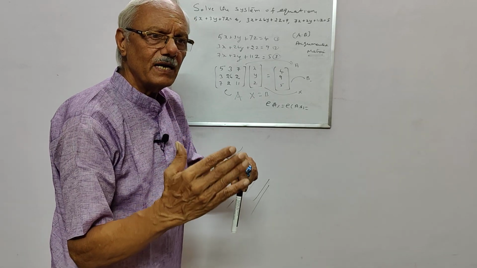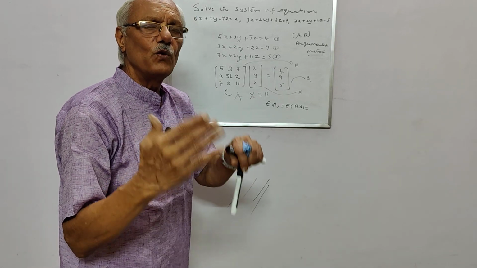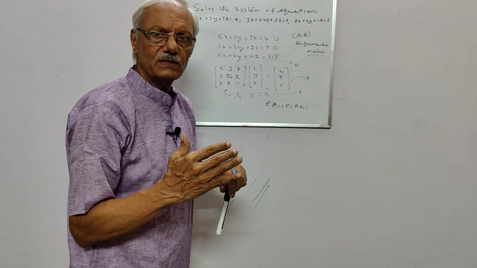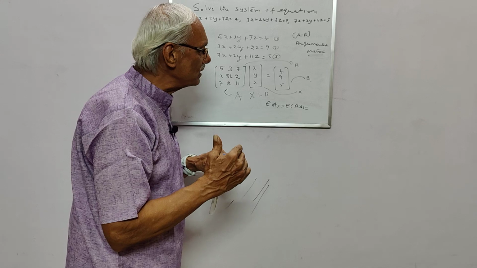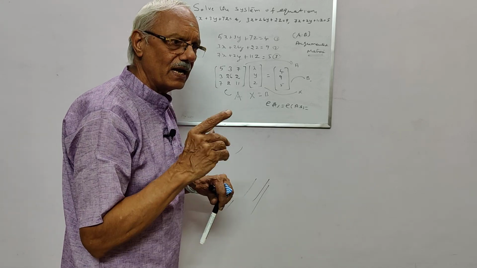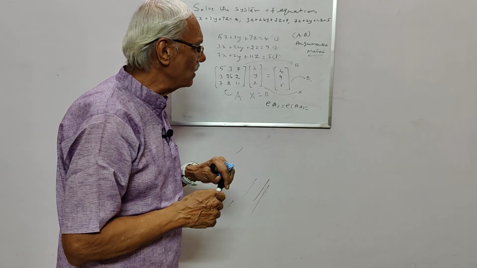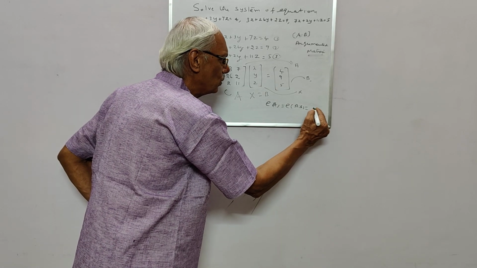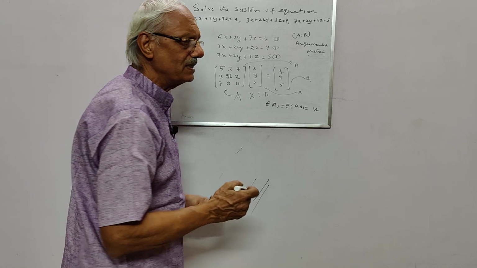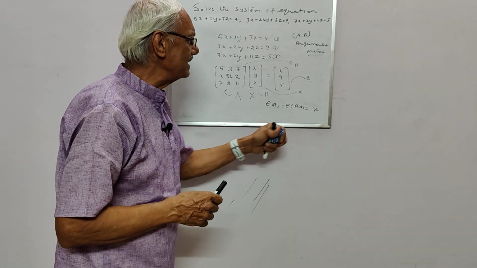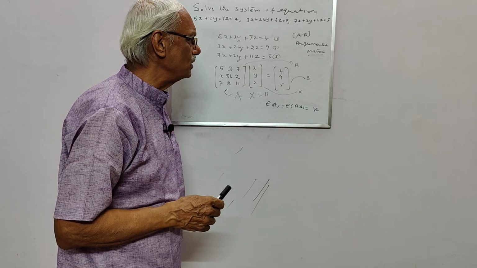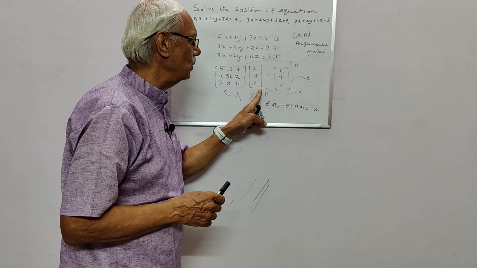So this will form what is called your augmented matrix, and for this augmented matrix you find out the rank. If it so happens that the rank of matrix A is equal to the rank of the augmented matrix and is also equal to n, what is n? n is nothing but the number of variables here. How many unknowns are here? The number of unknowns is equal to 3.